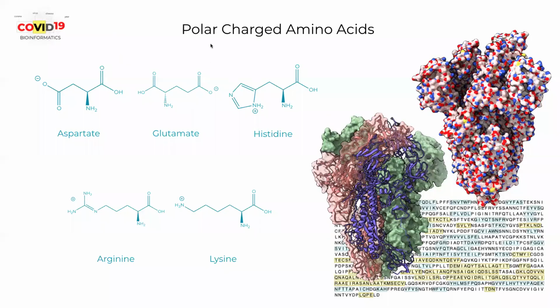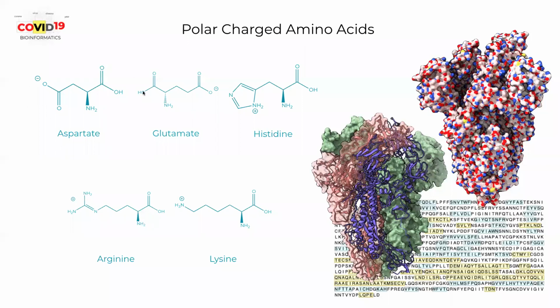So again, these are the polar charged amino acids. These are hydrophilic, meaning that they want to bind to water, and they also possess a charge. These are the amino acids that you'll find that are going to function in binding and catalysis. And so whenever you read about the COVID or SARS disease and the virus, you'll find that there are different proteases that are involved with it.